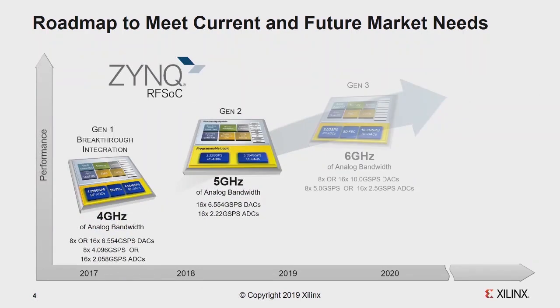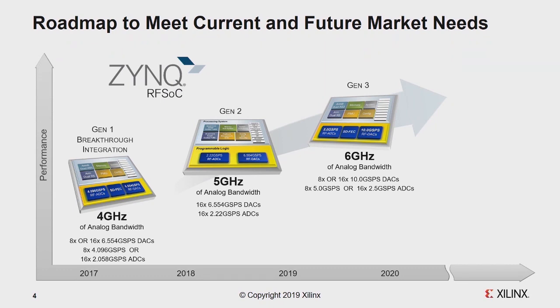Now, it's interesting, about 2017, the first Zynq UltraScale+ RFSoC was announced. It's called Generation 1 now. It had an input and output bandwidth of the data converters of 4 gigahertz. So you can operate anywhere from DC to 4 gigahertz on that particular part. It actually comes in an 8x8 or 16x16 configuration of DACs and ADCs.